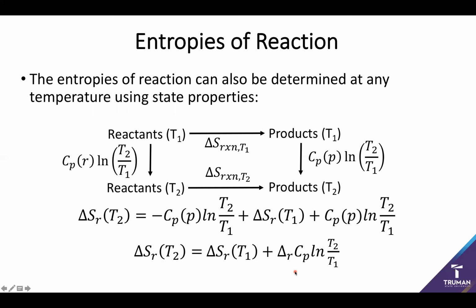So you may note that this is going to look very similar to our Kirchhoff's law, except there we had the enthalpy of reaction at a new temperature equal the enthalpy of reaction at an old temperature plus the change in heat capacity times the change in temperature. And for entropies, it's much more about the natural log of the temperature difference because of that dT over T behavior instead of just the simple dT for enthalpy.